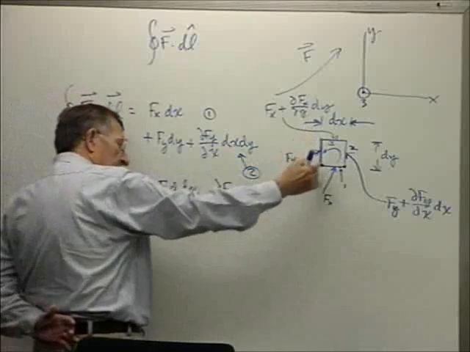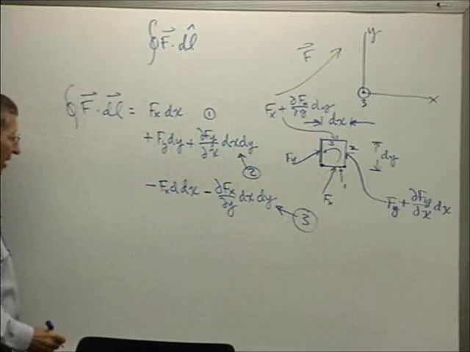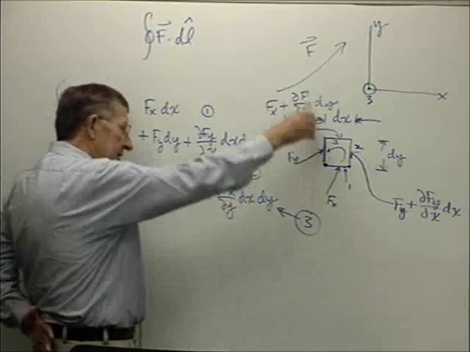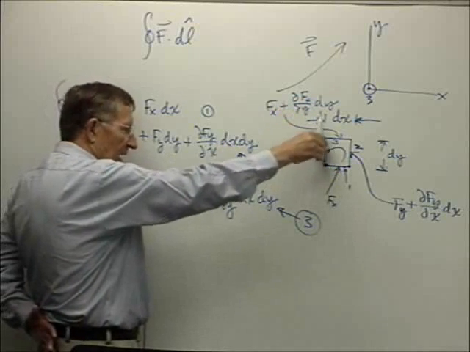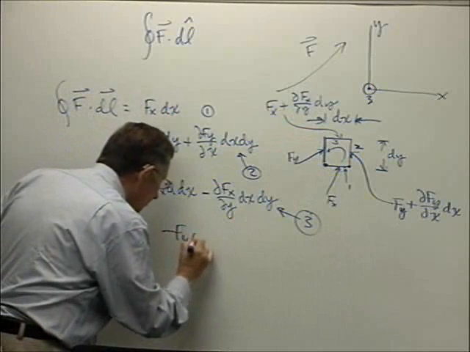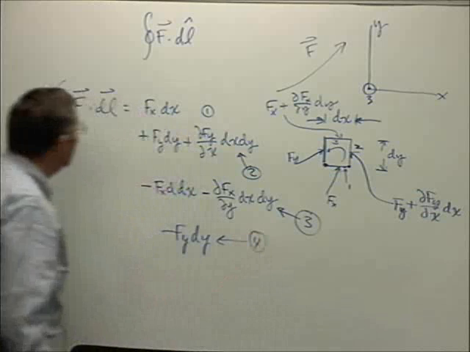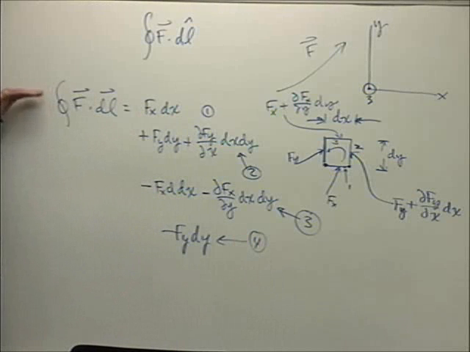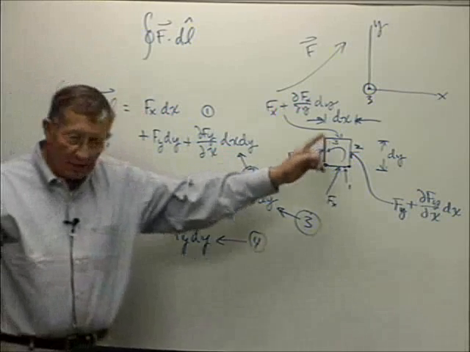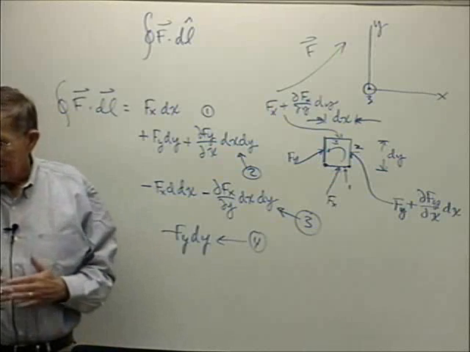And finally, on the fourth side, the direction for my dl along that path is minus dy, so I've got minus Fy dy. So the line integral of F dot dl is composed of these terms as I go around this elemental path in the xy plane.